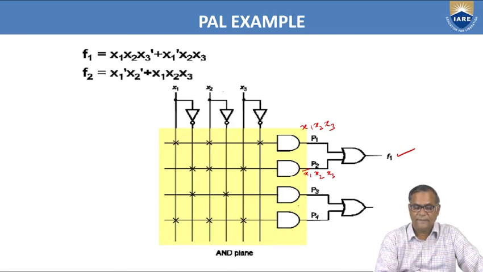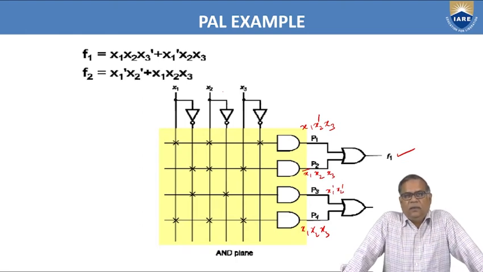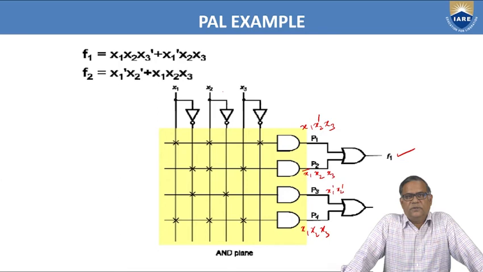Similarly, for F2 we have x1 bar and x2 bar, and P4 is nothing but x1, x2 and x3. So this is F2. This is how I can realize different Boolean functions using programmable logic devices.